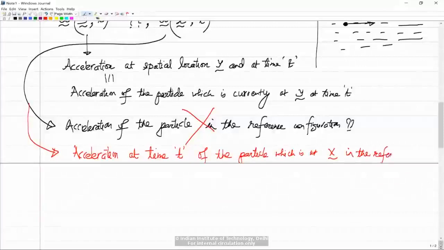You see, you have to be careful with the words. The particle which is at x in the reference configuration, it is the acceleration of that particle.